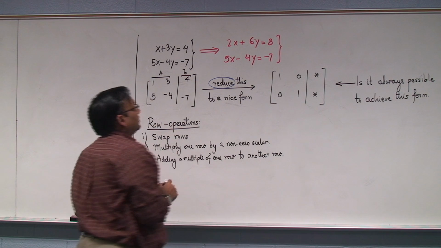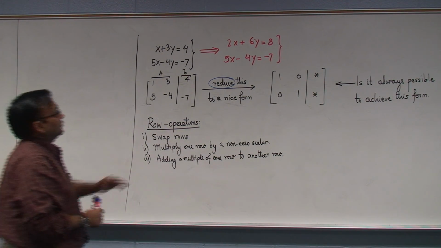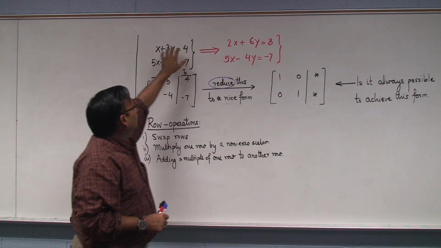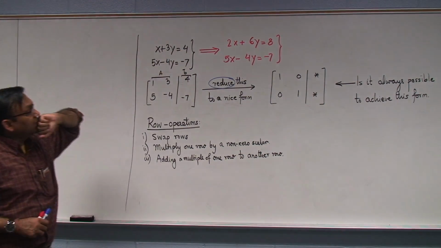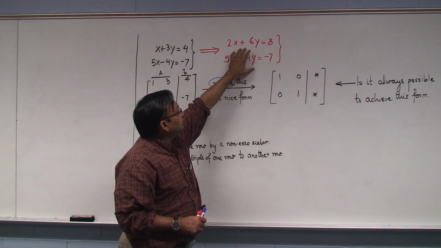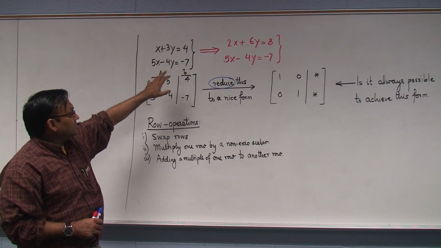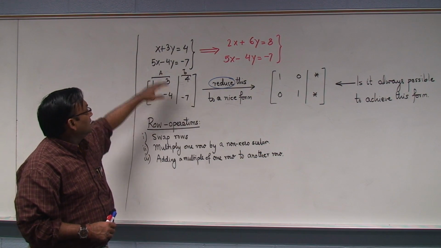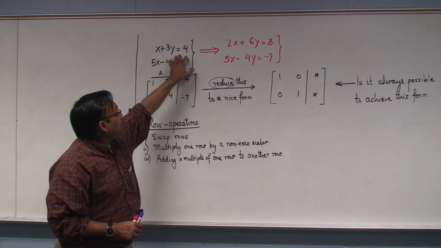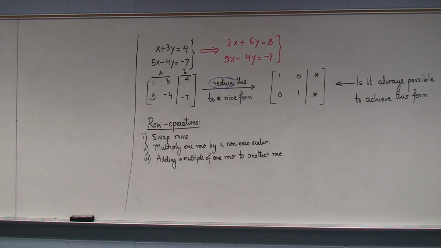Once I have multiplied it by 2, I have got a new system of equations where at least the first equation looks a bit different from the first equation in the system. Can I not say that whatever is the solution to this system will still be the solution to this system and vice versa? So that means performing this kind of multiplication of one particular equation by a non-zero scalar will not change the solution whatsoever.